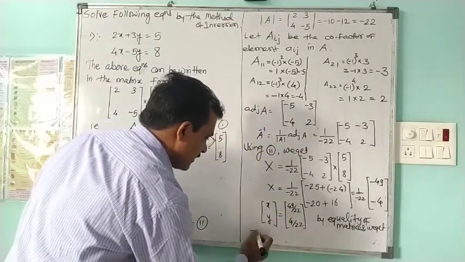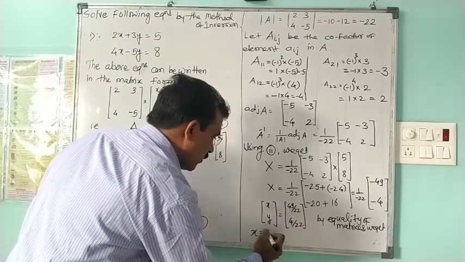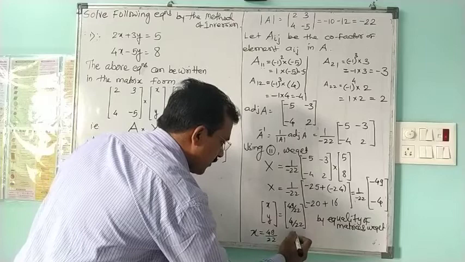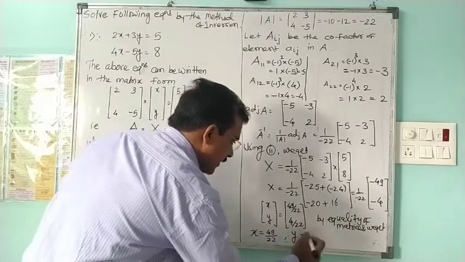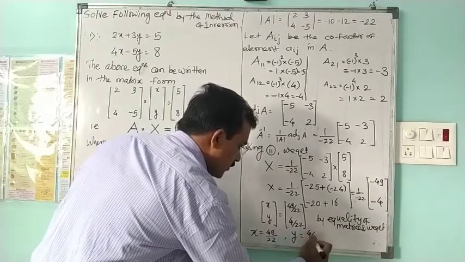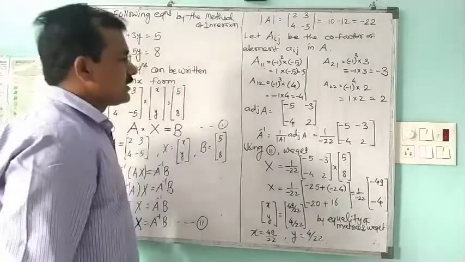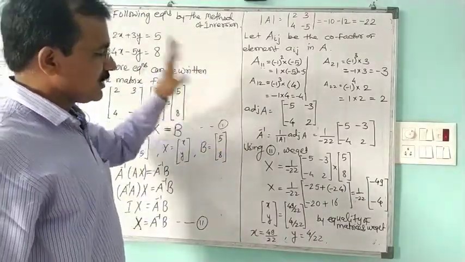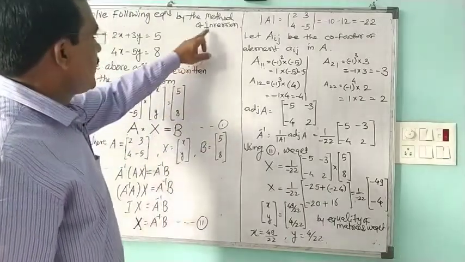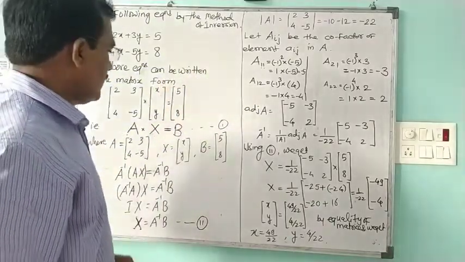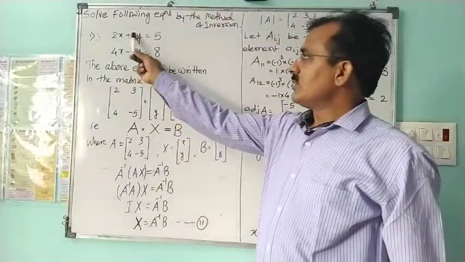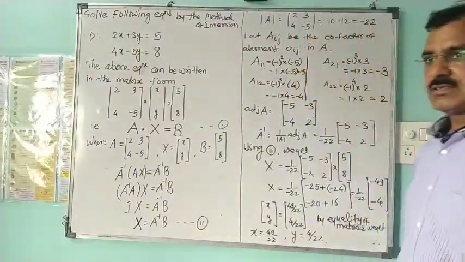That means the variable x will have 49 upon 22, and variable y can be written as second value 4 upon 22. So this is the method of inversion, means we want to use inverse. So this is the method of inversion when equations are given, two equations with two variables.